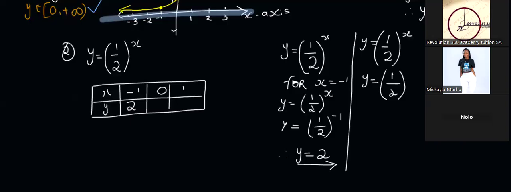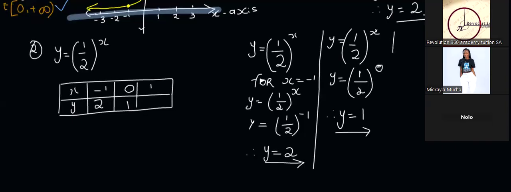Then after that, we continue writing the equation, which is y is equal to 1/2 to the exponent of x. And then here you're gonna say y is equal to 1/2, then in the place of x, we're gonna put 1.